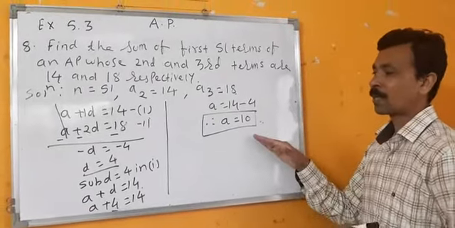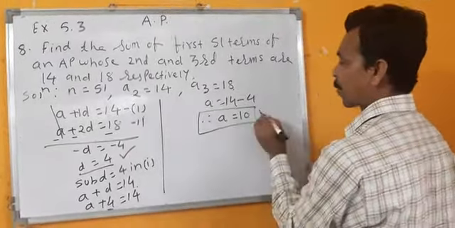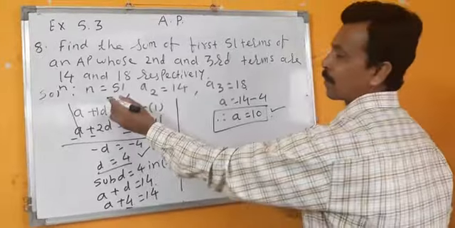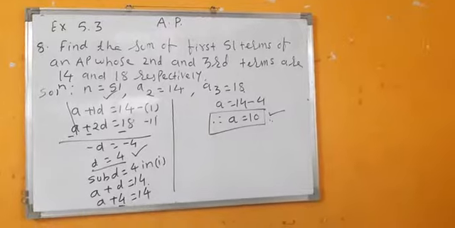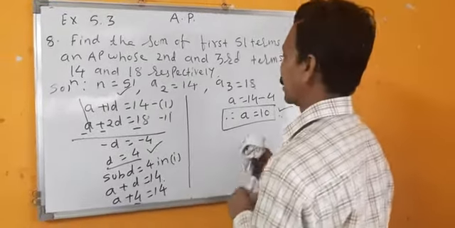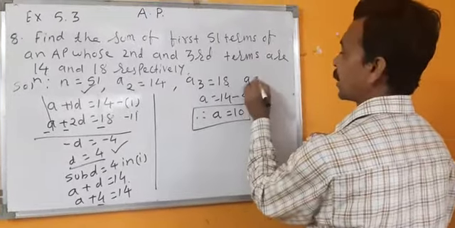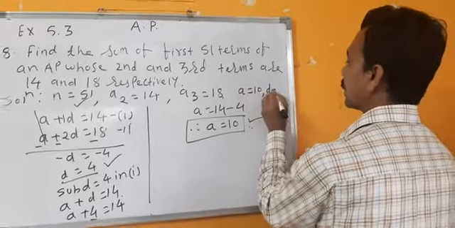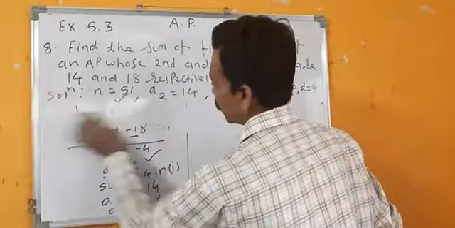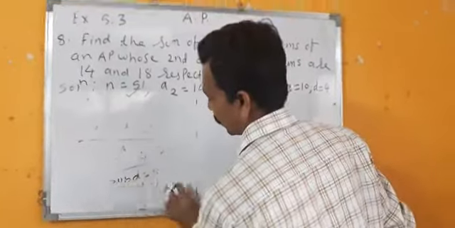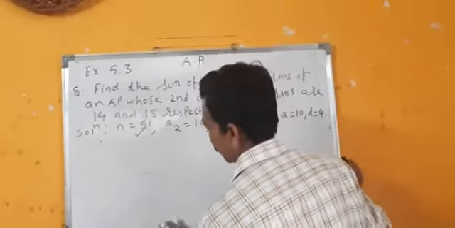Now we have got the value of D, we have got the value of A, and we have the value of N also. We will find Sn. I will write here: A is equal to 10, D is equal to 4. And then I will write the formula now for Sn.